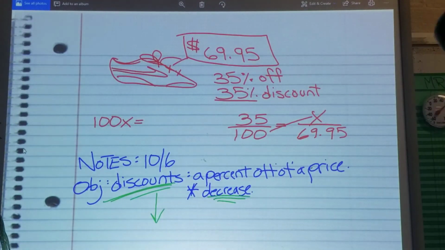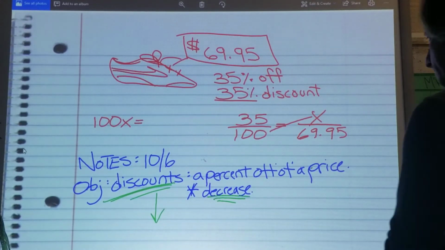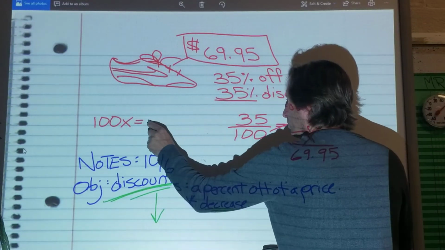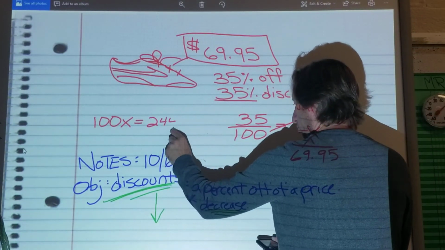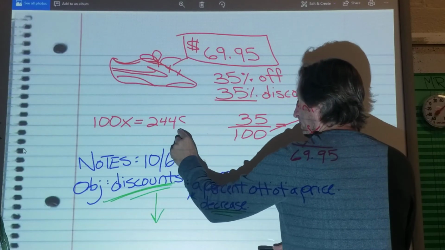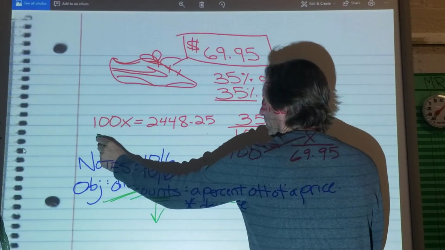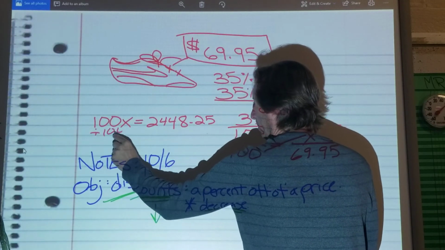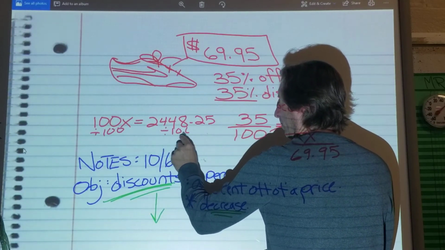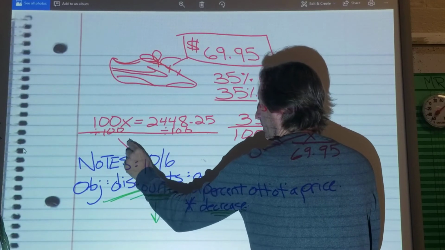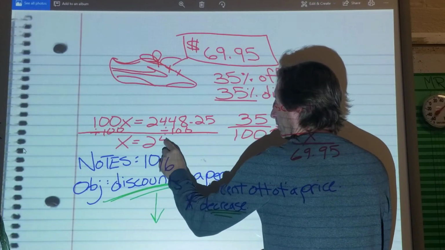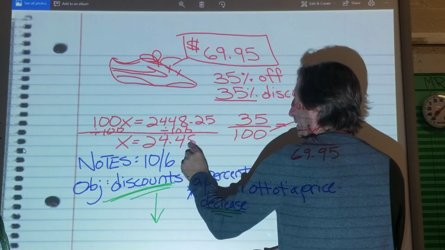And 69.95 times 35 is 2448.25. Divided by 100, x equals 24.4825.